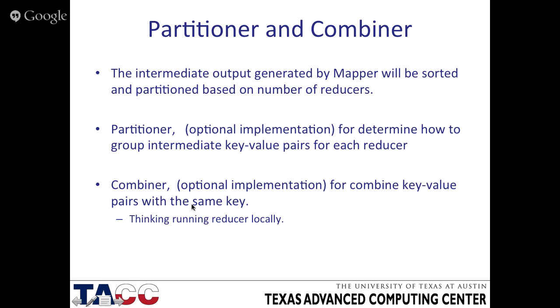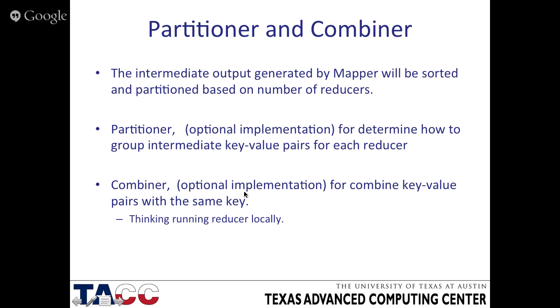The combiner works locally right after your mapper process. Usually, if the map process generates two key value pairs with exactly the same key, then instead of writing out two key value pairs, we can combine them into one, as if we were already running the reducer class. By default, the combiner class can be exactly the same as your reduce class.